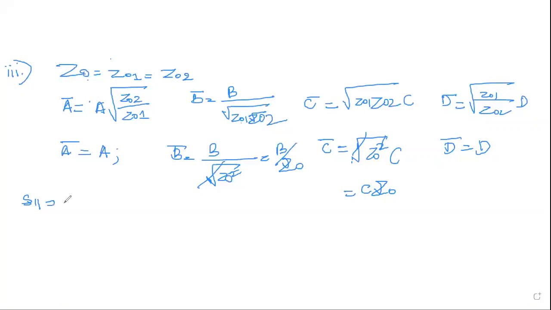If you apply the property, it is nothing but A plus B by Z0 minus C into Z0 plus D, divided by A plus B by Z0 plus C into Z0 plus D.